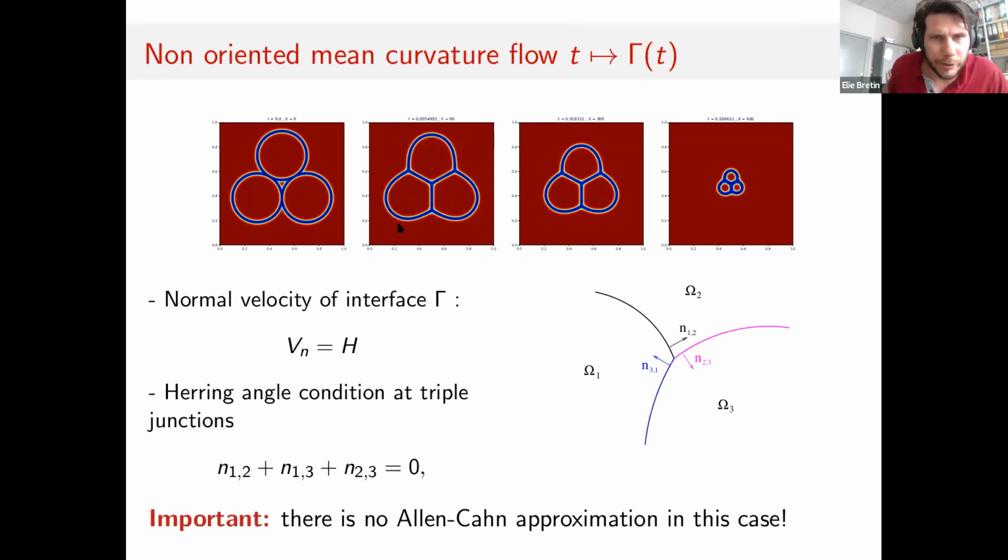So what is a non-orientable mean curvature flow? It consists in evolving an interface where the normal velocity is still given by the mean curvature, but in which we allow a triple junction which should satisfy a 120 degree angle. And I recall that I don't know any Allen-Cahn approximation to do this.